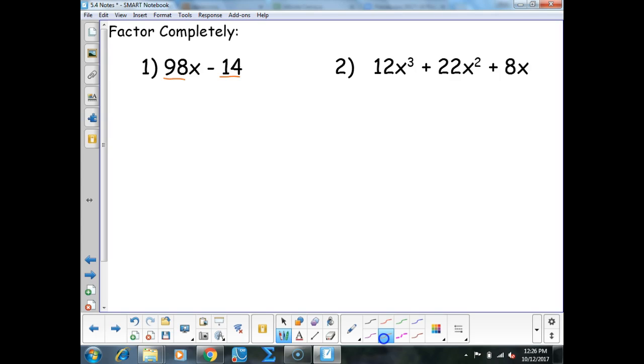Does 14 go into 98? How many times? 7 times? So I guess it's 14 then. Agree? Doesn't hurt to start with a smaller number when you're trying to figure out the factors. And then try biggest to smallest.